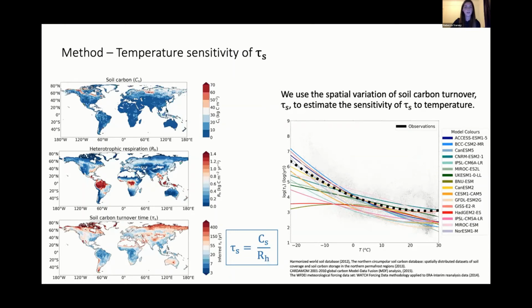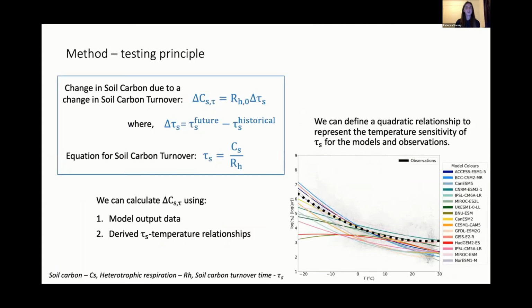in soil carbon. So the idea of this spatial emergent constraint is whether these spatial temperature sensitivities that we've derived can help you predict the subsequent change in soil carbon under global warming. So what we want to test is by calculating this change in soil carbon due to the change in soil carbon turnover time.